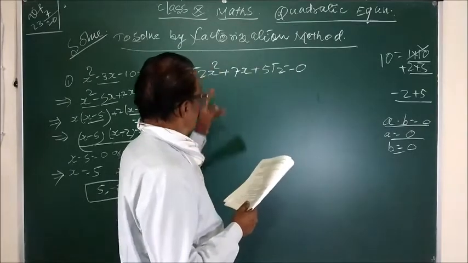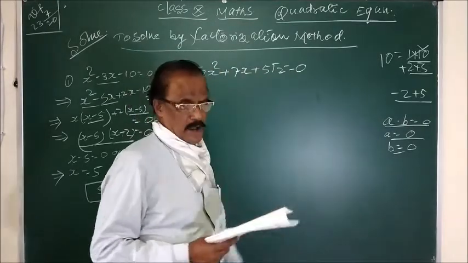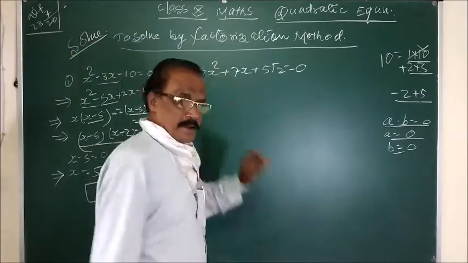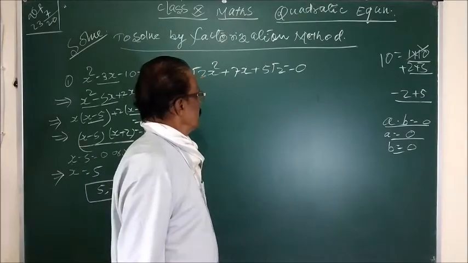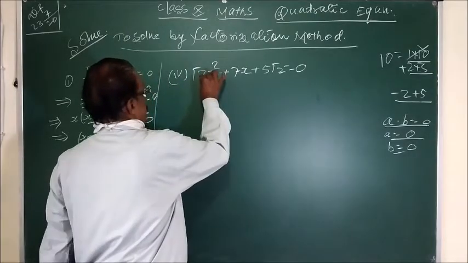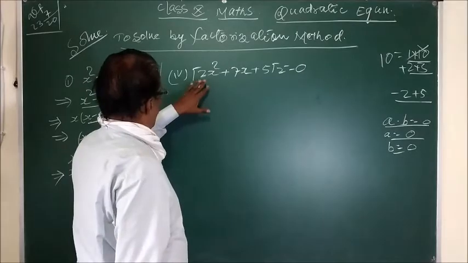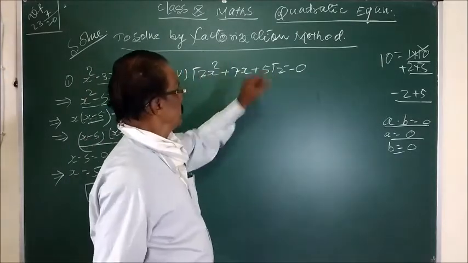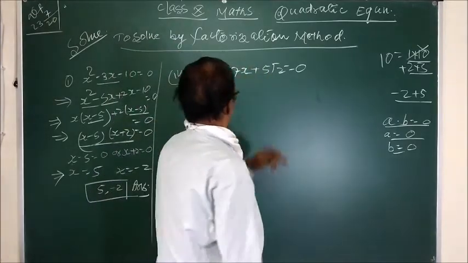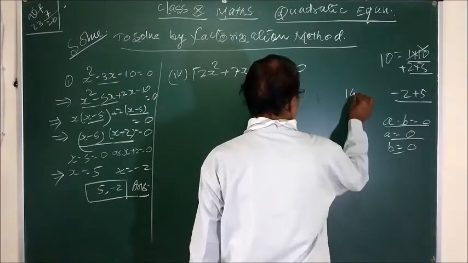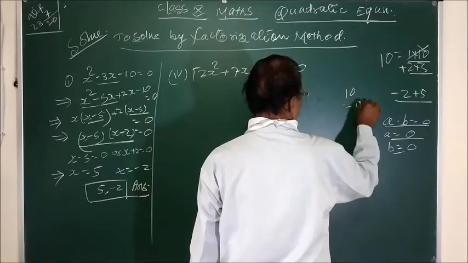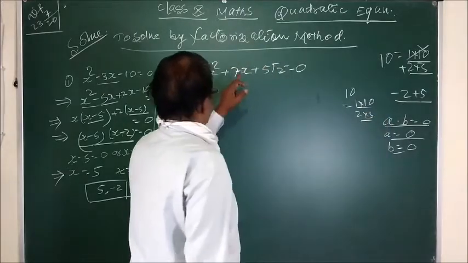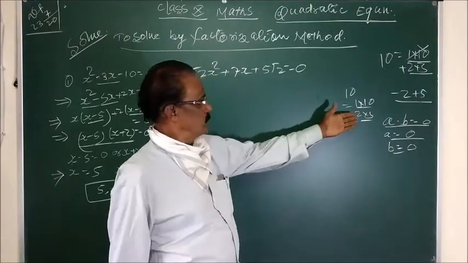So one question I would like to explain: you have to factorize, solve the equation, and find the roots of this equation. Now you see, if the coefficient of x square is any number, you multiply it with the constant term. So this and this, 5 root 2 into root 2, is 10. A factor of 10 you know very well, 1 into 10, 2 into 5. Now you have to split this. So this is very simple, 2x plus 5x.